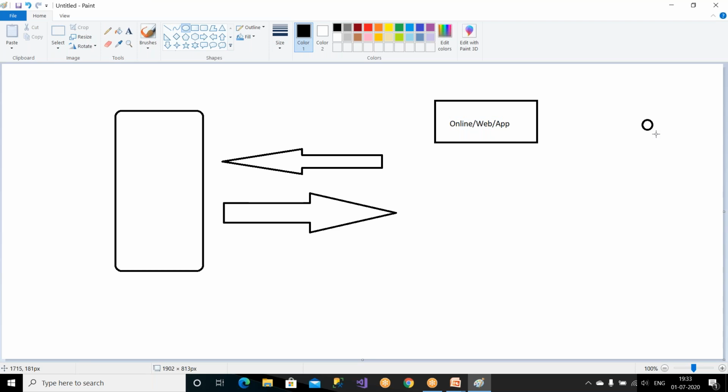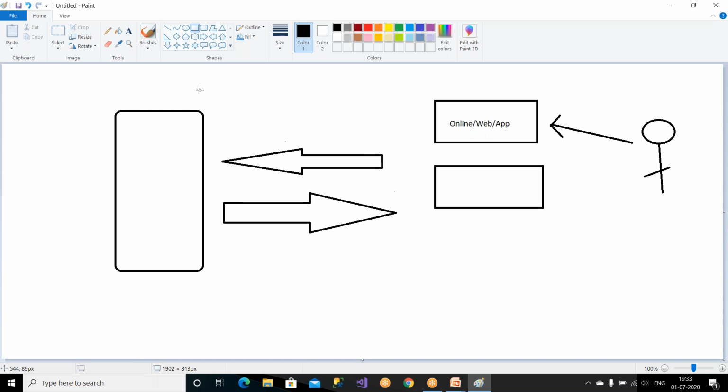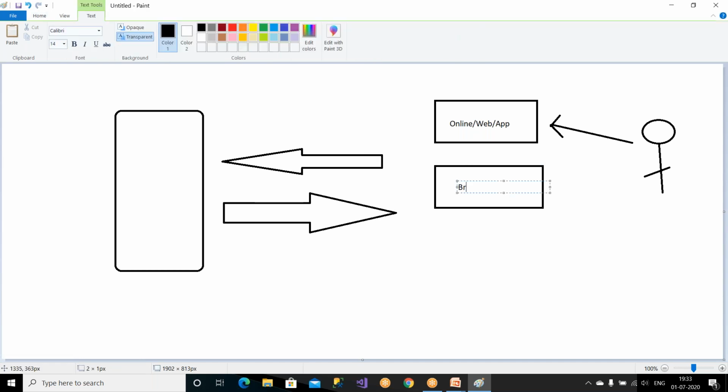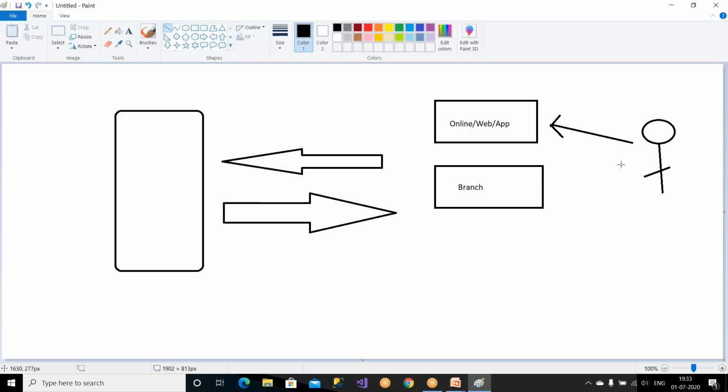How is the customer going to buy a medical policy? Customers can buy a medical policy like this. Or the customer also can go to the branch. They can visit the branch and buy the medical policy.